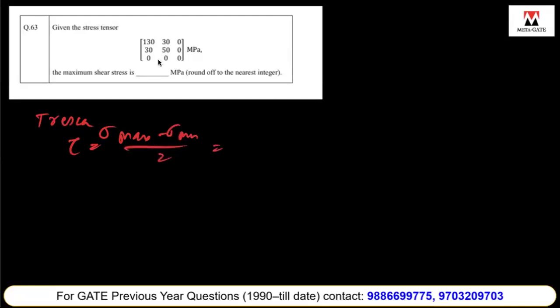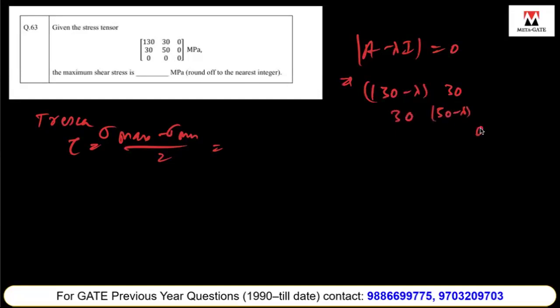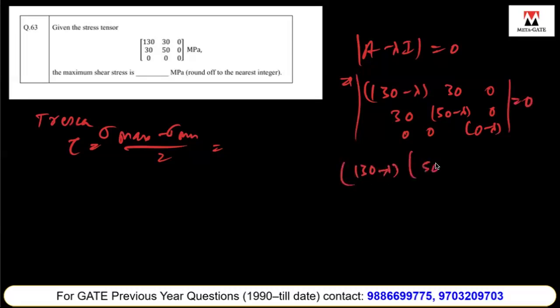Here, as the remaining elements are 0, you need to apply the determinant of A minus lambda I is equal to 0. So it is 130 minus lambda, 30, 0; 30, 50 minus lambda, 0; 0, 0, minus lambda. You need to take this as 0. So it is 130 minus lambda into 50 minus lambda into minus lambda.